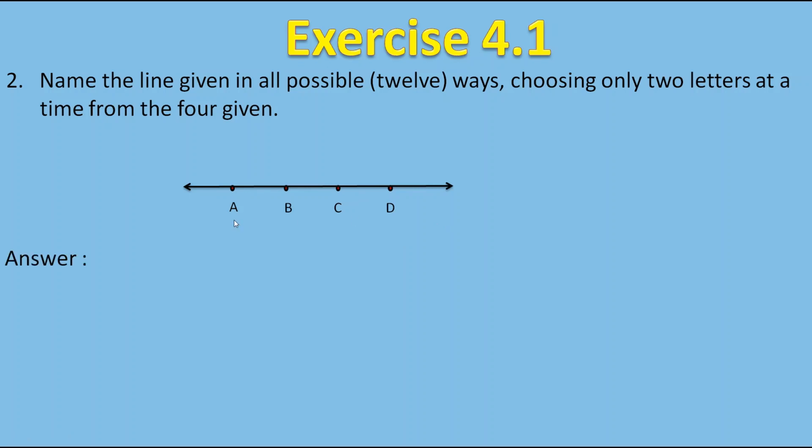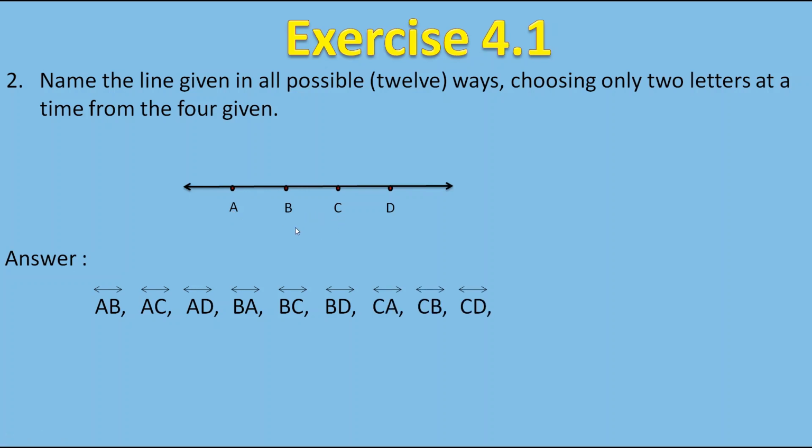First we will choose these 2 points. So AB, next AC, next AD, now BA, BC, next BD. Next CA, next CB, next CD.